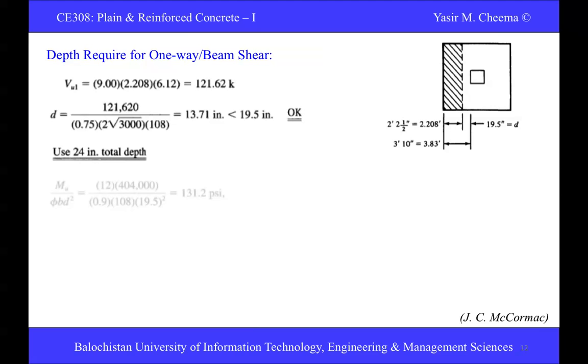Using 24 inch as the total depth, we determine Mu over phi B D square to be 131.2 pounds per square inch. 131.2 pounds per square inch.